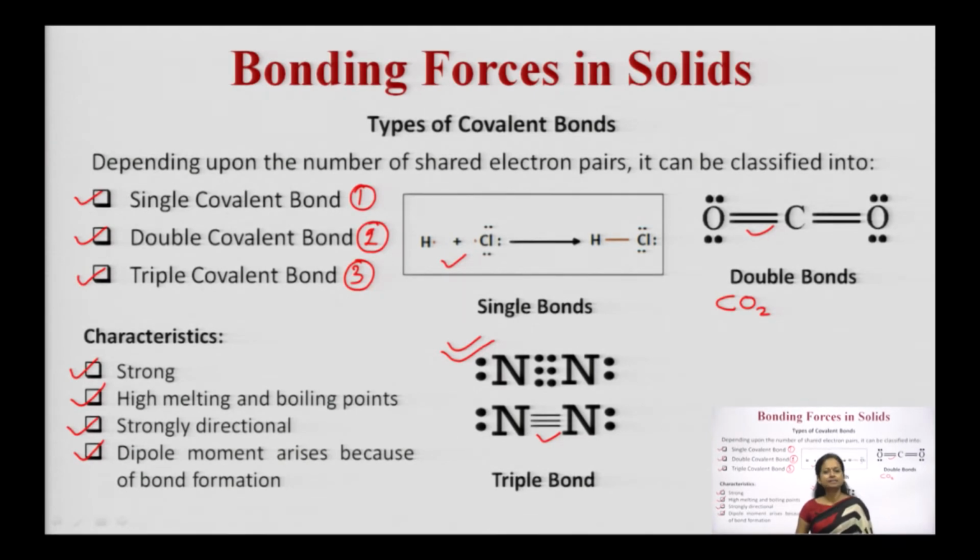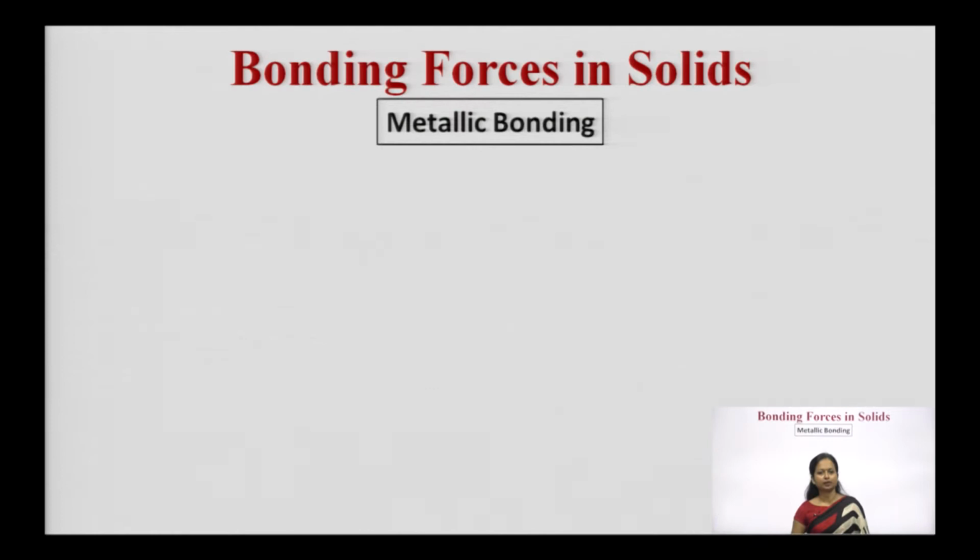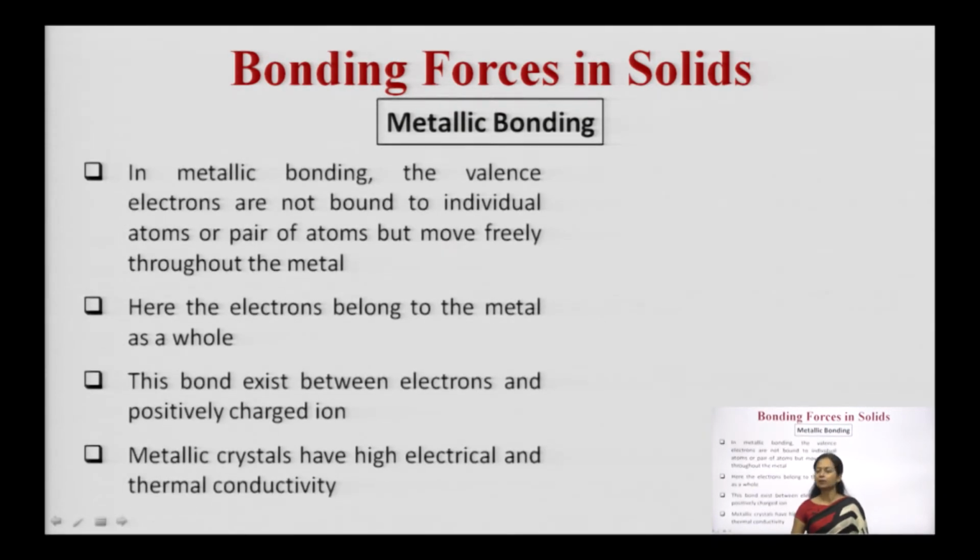Now, let us discuss the third type of bonding, which is metallic bonding. What is metallic bonding? In metallic bonding, valence electrons are not bound. You can note down this point even if you have studied this. Here, valence electrons are not bound to individual atoms or pairs, but these valence electrons move throughout the metal.